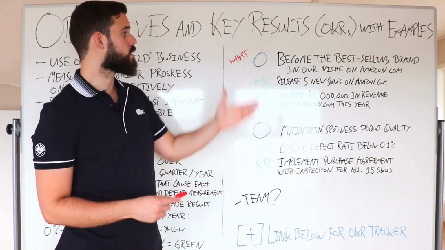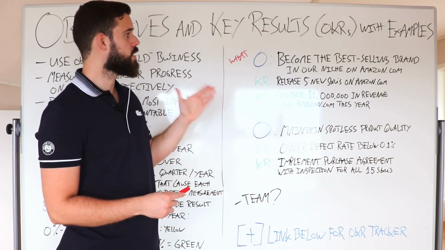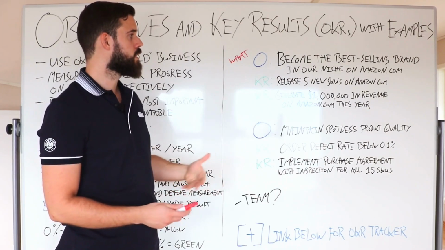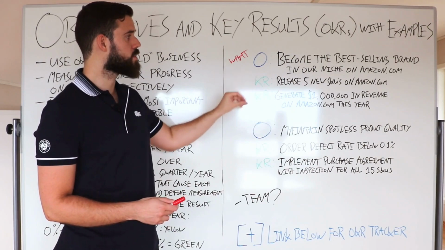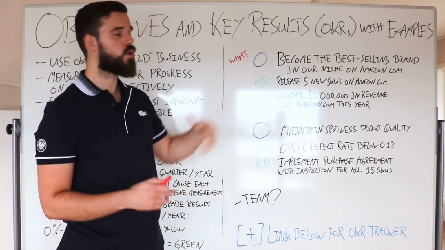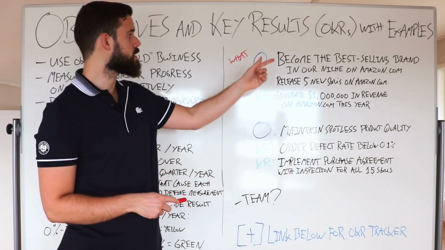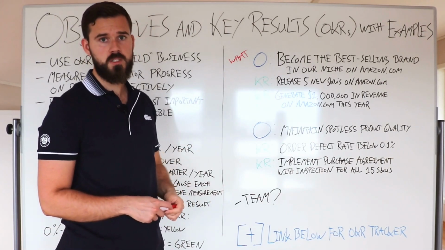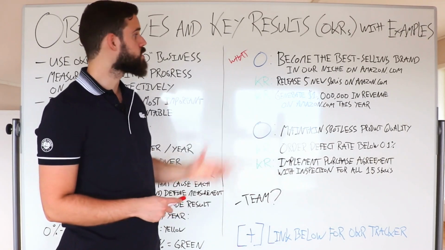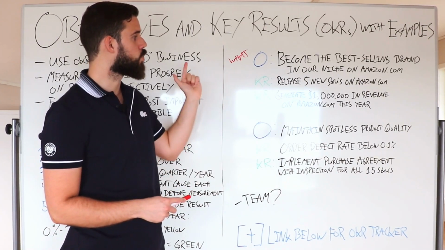So this is pretty clear, like, become the best-selling brand in our niche on Amazon.com, right? So obviously we've got to define what this means, like how we're going to accomplish this, here with the key results. But overall, big goal, this is it. This is what we want to actually accomplish as an objective. And in this case it's for the year.